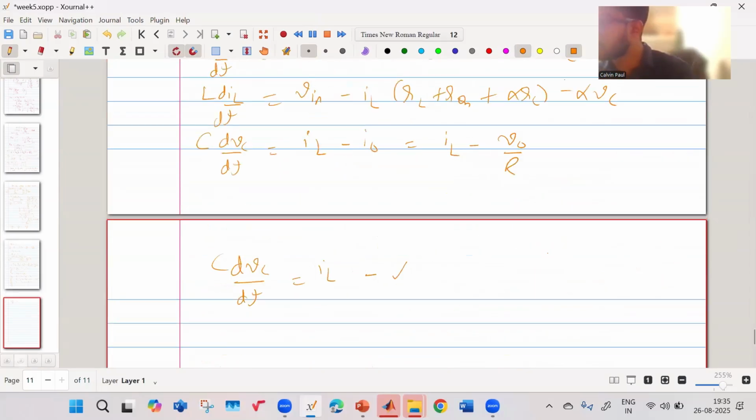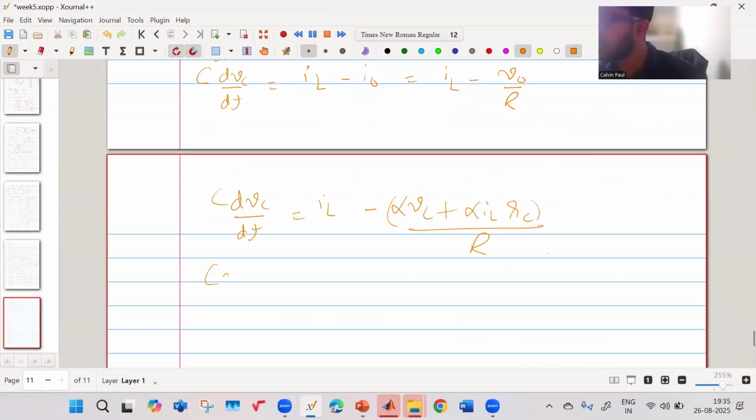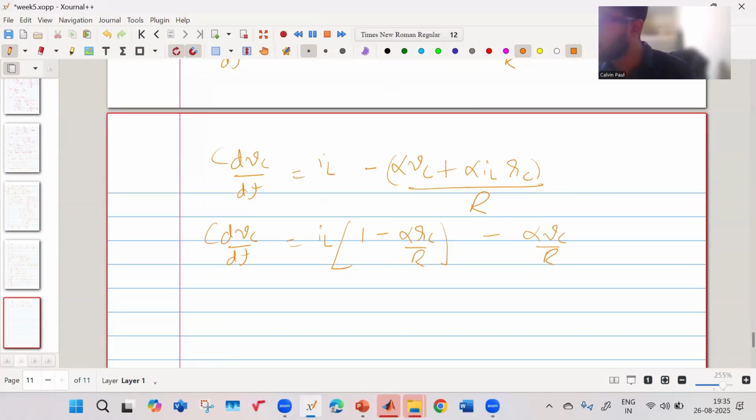So that is equal to alpha VC plus alpha into IL RC upon R. So your C dVC by dt is equal to IL into 1 minus alpha RC upon R minus alpha VC upon R. So now C dVC by dt, it is equal to IL 1 minus, what is alpha?